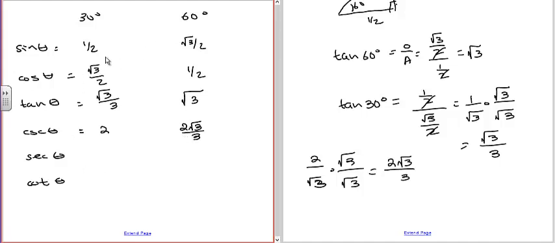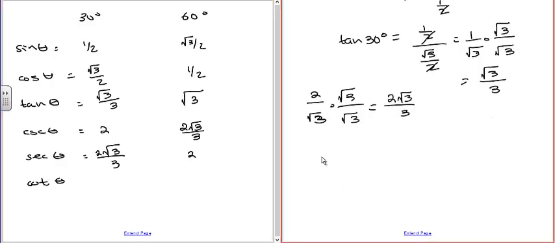Now, just like here, we flipped them around, same thing applies here. So the cosecant of 60 is the secant of 30. And the cosecant of 30 is the secant of 60. Okay, now the tangent, so let's take the reciprocal of that. We just switch the numerator and the denominator.